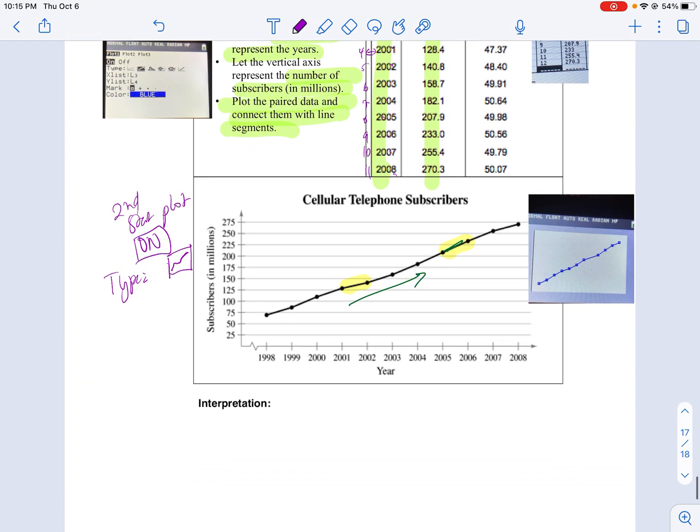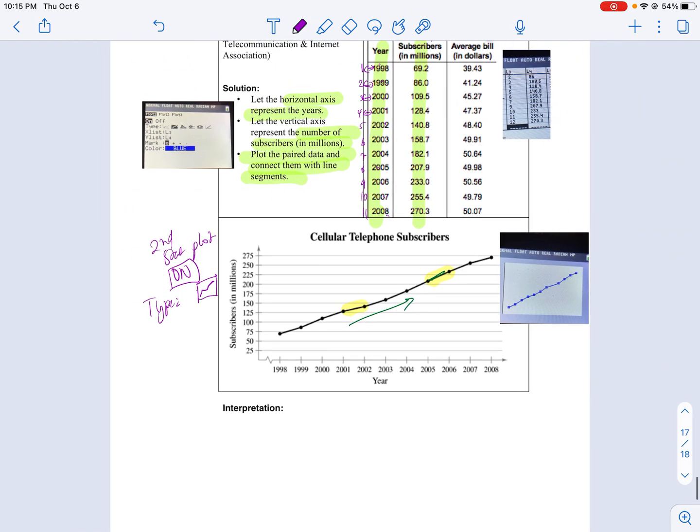Now that you have your data in, you have your graph, now it's time for interpretation. See, this is an increasing behavior. So the number of subscribers has been steadily increasing since 1998, with a greater increase that happens here and here.